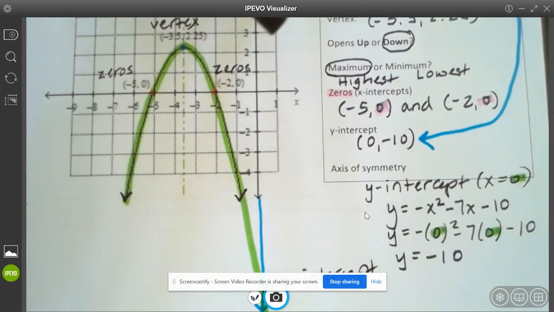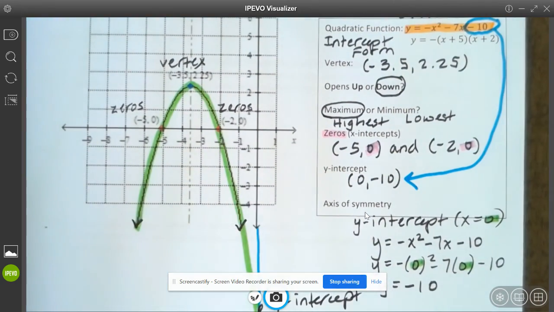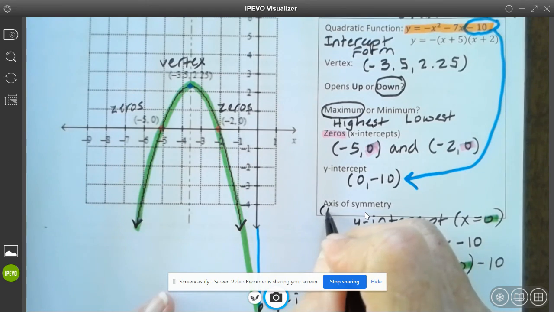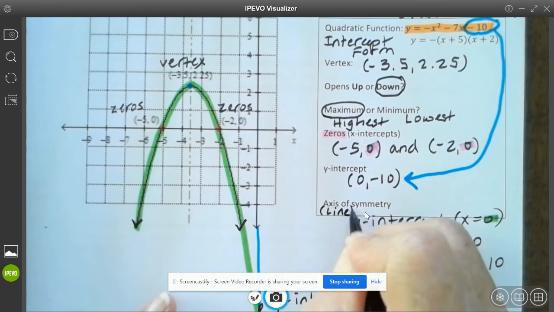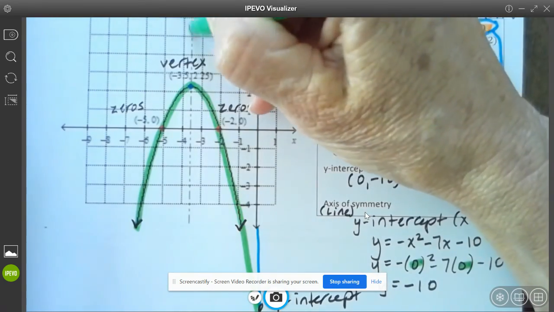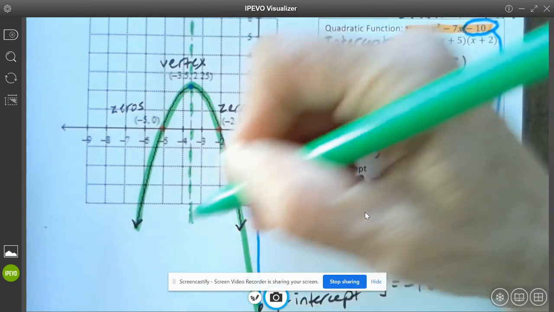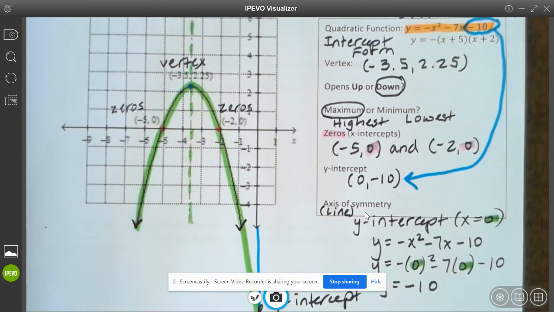The last key feature is called the axis of symmetry, and in some places they call it the line of symmetry. And the line of symmetry is this dashed line that goes through the vertex and cuts the parabola in half.